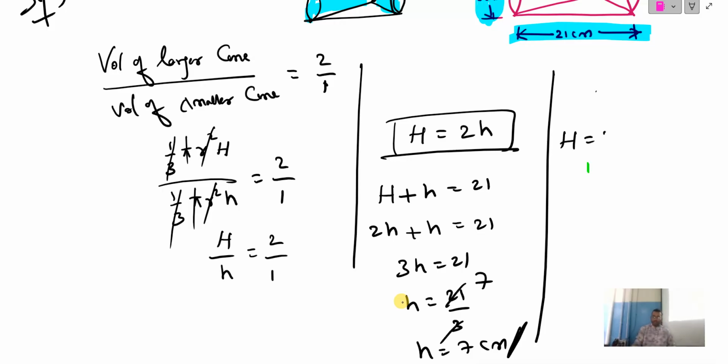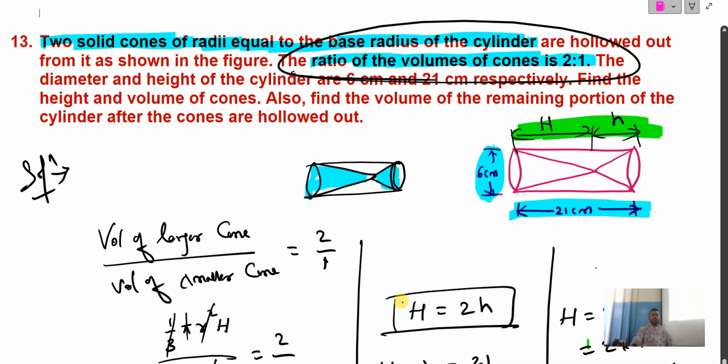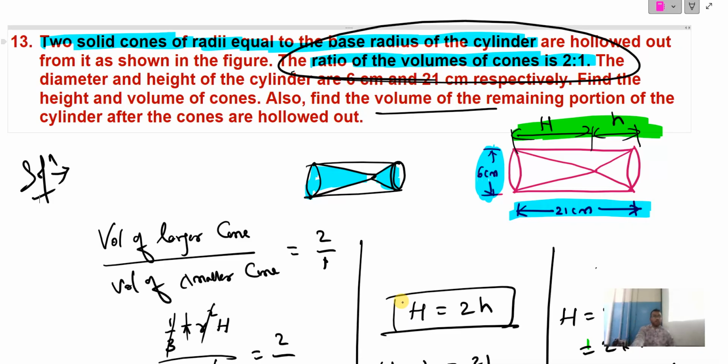Now the volume of the remaining portion is equal to volume of cylinder minus volume of larger cone minus volume of smaller cone, because I am removing the volumes.